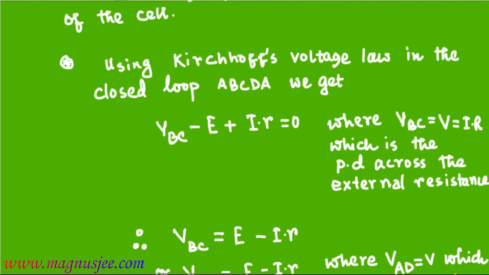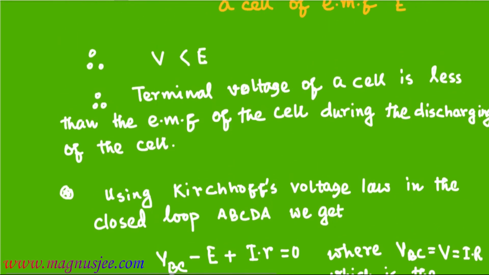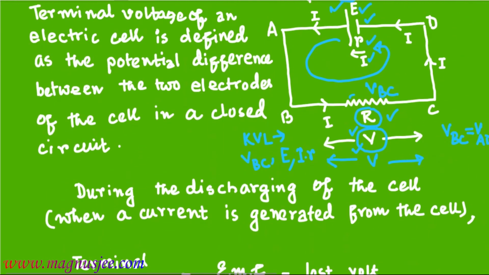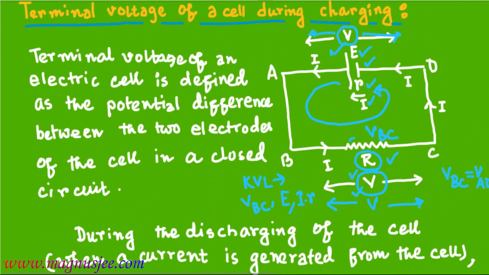And here in the diagram, in the ABCDA closed loop, if we move in this way, VBC is the potential difference and I is the current. We are traveling from B to C. That's why I dot R or VBC is positive.